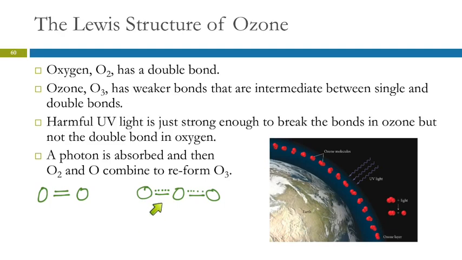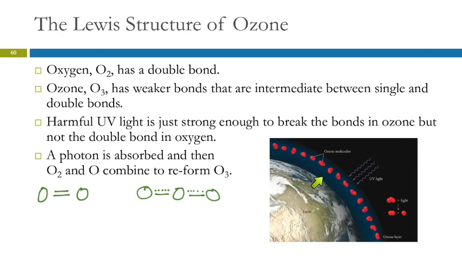If this is a 1.5 bond, is that weaker or stronger than a double bond? It's weaker, right? It's going to be between a double and a single in strength. So up in the atmosphere, there is ozone, and there's ultraviolet radiation coming from the sun.